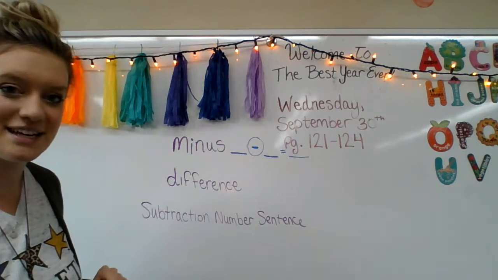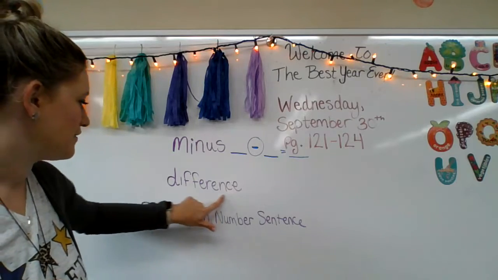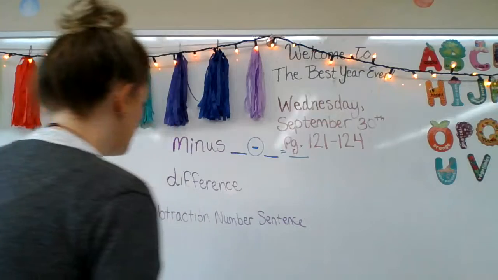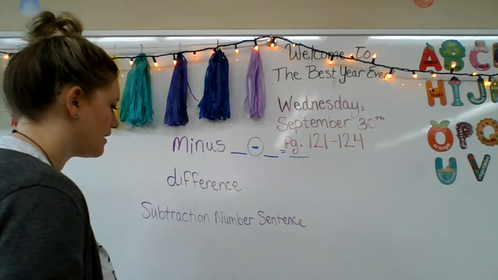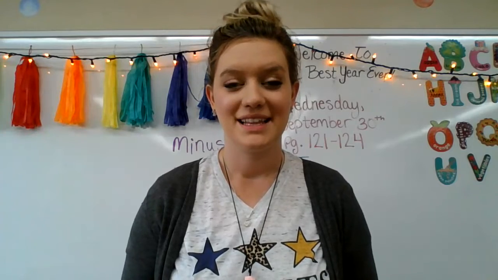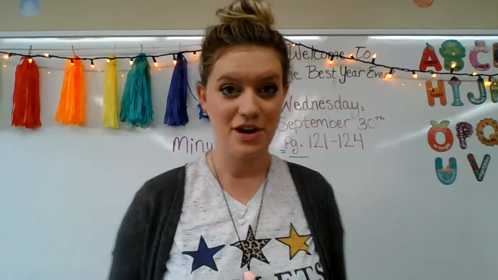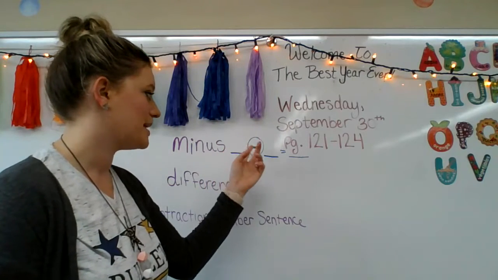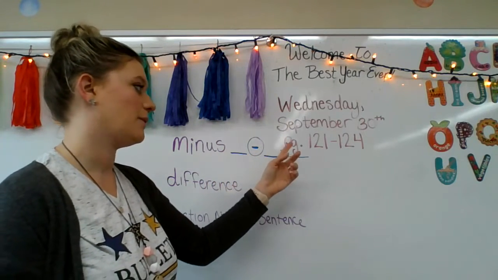Difference. Can you say difference with me? Difference. Good. When we have a difference of a number, that is the answer that we get from a subtraction problem. So we could say the difference of 3 minus 2 equals 1.